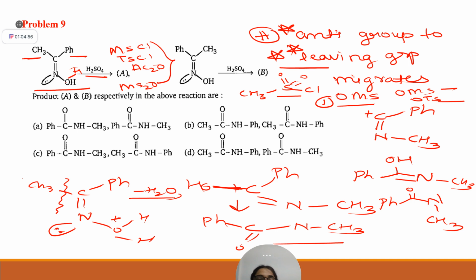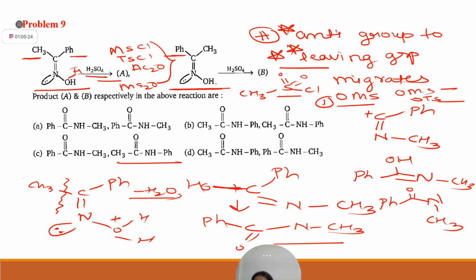If you are very clear on how I have written this product A, please tell me product B. Among options A and C, which will be correct? Ma'am, C. Obviously, because nitrogen will be connected to this phenyl and you will get COCH3. How can you directly write the product?